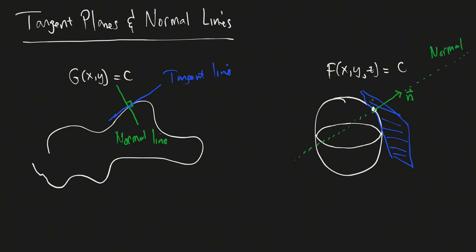We know how to find the equation of a plane. We know how to represent a line, either in vector form, parametric form, or symmetric form under certain circumstances. So we can find these two things rather easily. What it comes down to is how do we get this normal vector now?